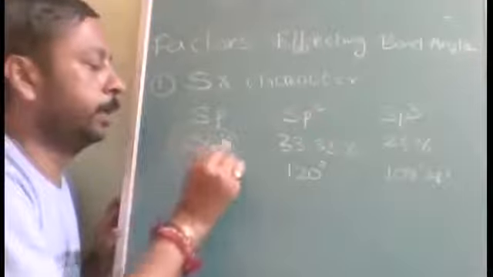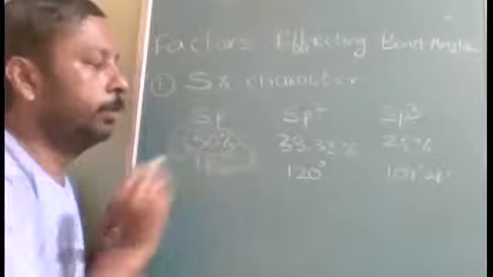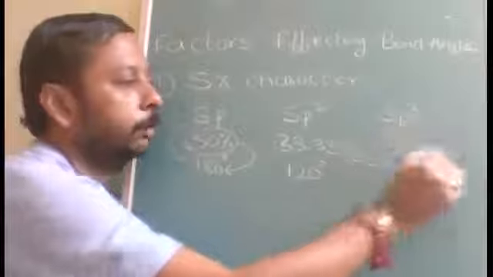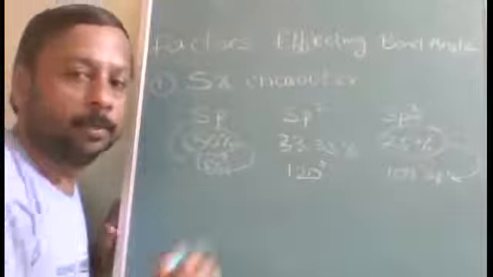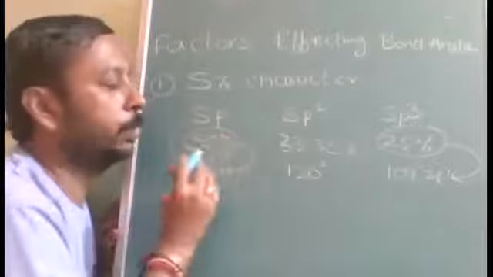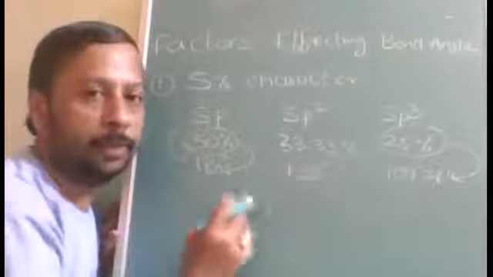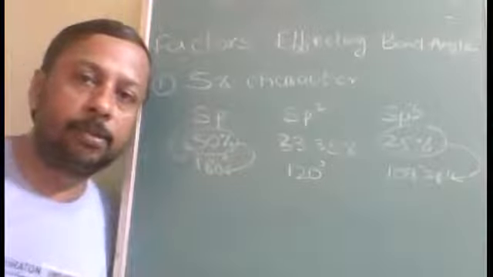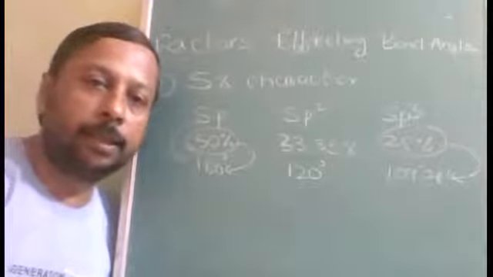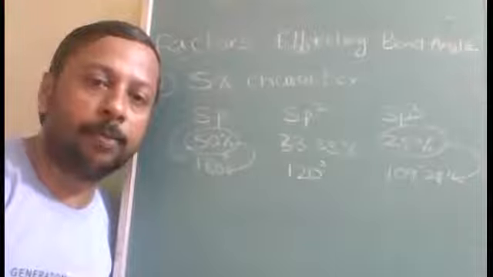See, when s percentage character was high, bond angle was very high. When s percentage character is less, bond angle is very less. So the bond angle is going in the direction of s character: if it increases, that also increases; if it decreases, that also decreases. That means s percentage character is dash proportional.